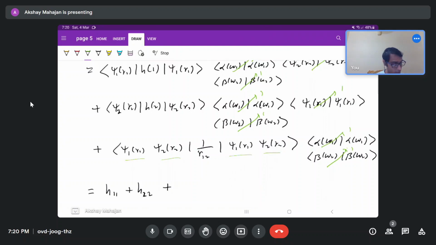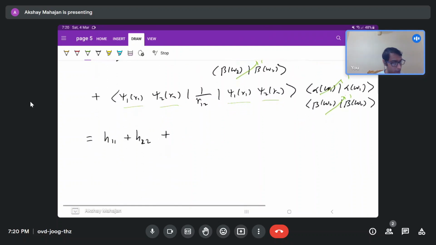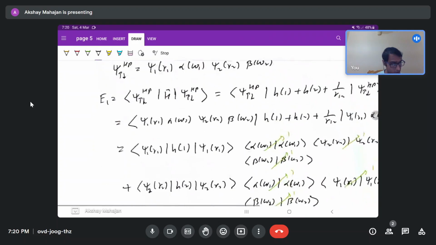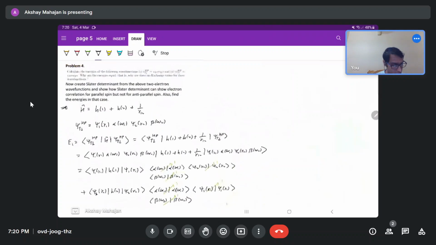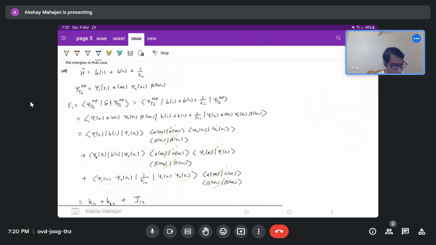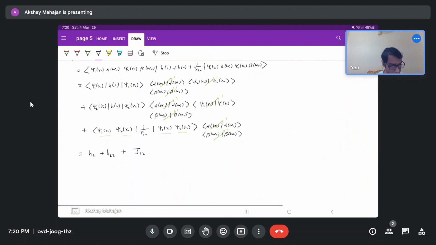So this is a Coulomb term, which will come as J12. This is what we get if we have up and down spins.